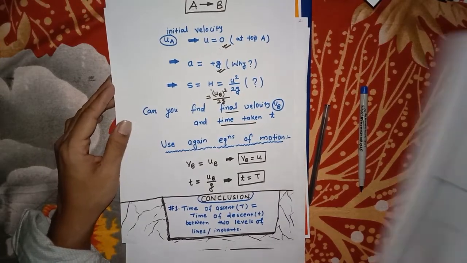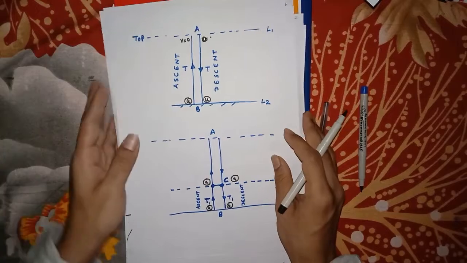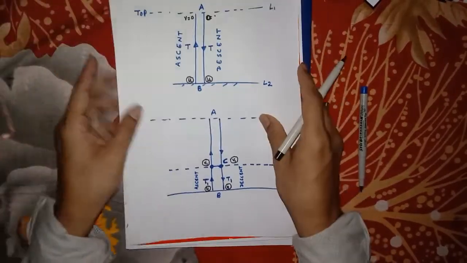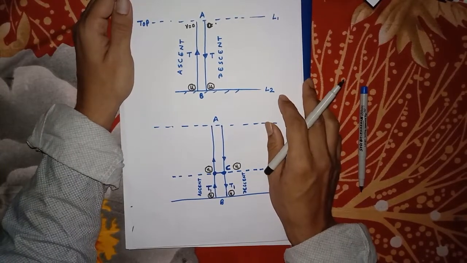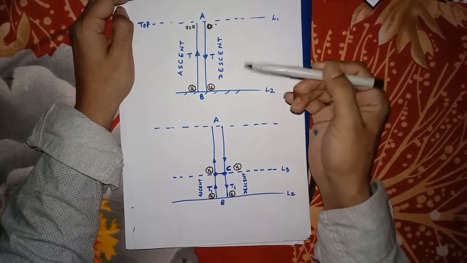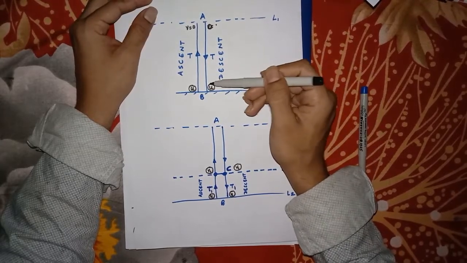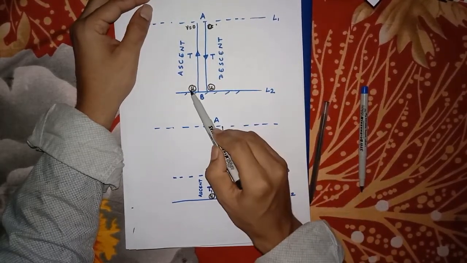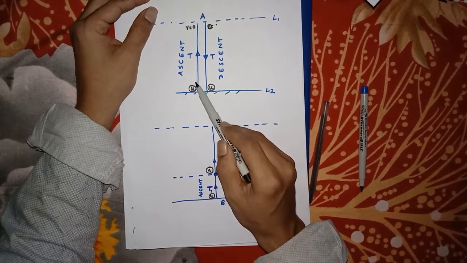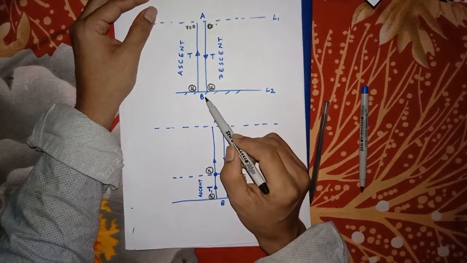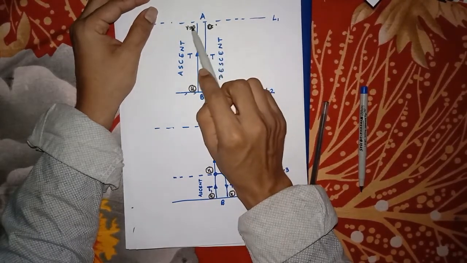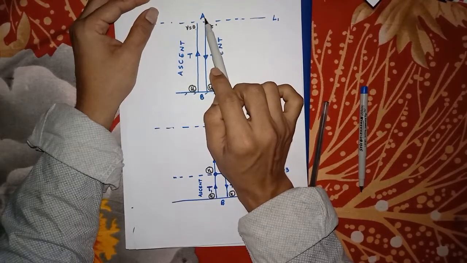Now I give you more discussion about what conclusion I have got, and it is very necessary to understand that the speed at my hand when the ball goes up or when it comes again to my hand is the same u, and the speed at point A is 0, going up or going down.